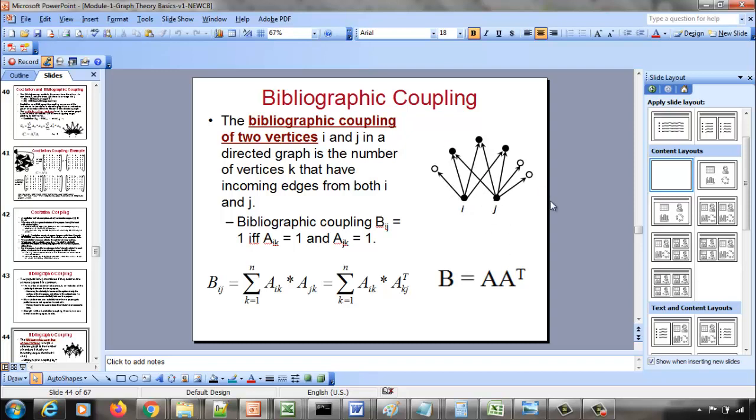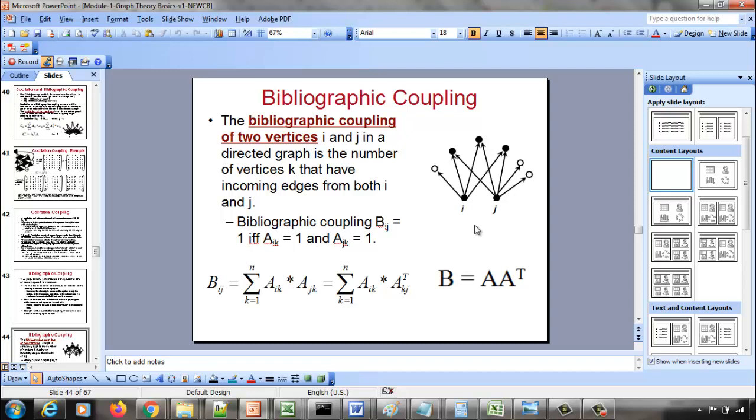So with this bibliographic coupling measure, I could evaluate the similarity between two papers right after both papers get published, right? We don't have to wait for time to pass, because the cited papers should have been published before the corresponding papers.